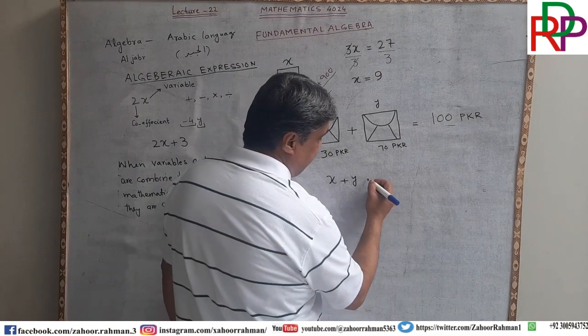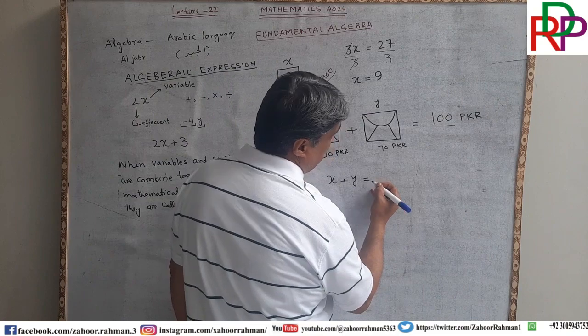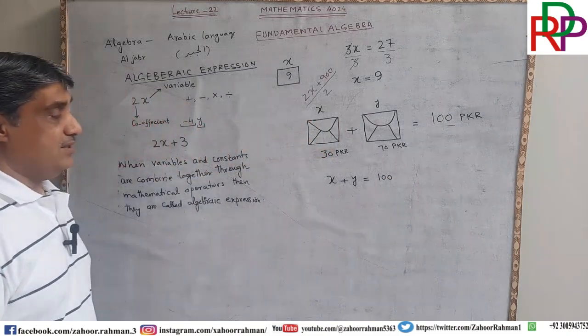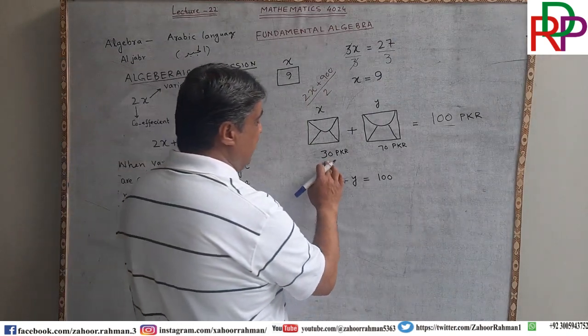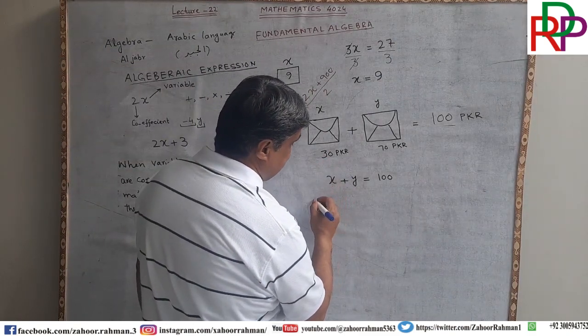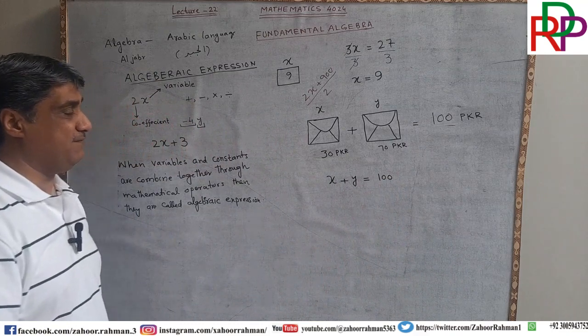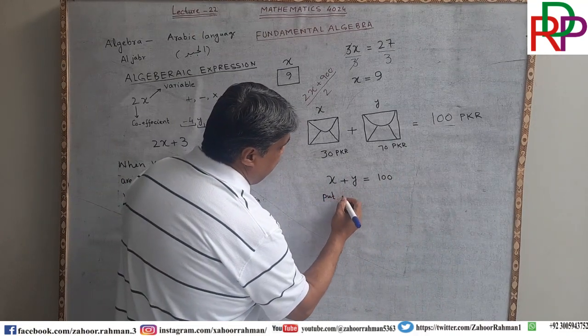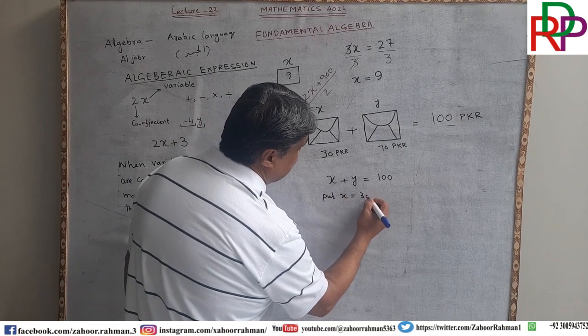When we are making it equality, so equal sign, and that is 100. We found the value of this is 30 because 30% of 100 is 30. So put x is equal to 30.